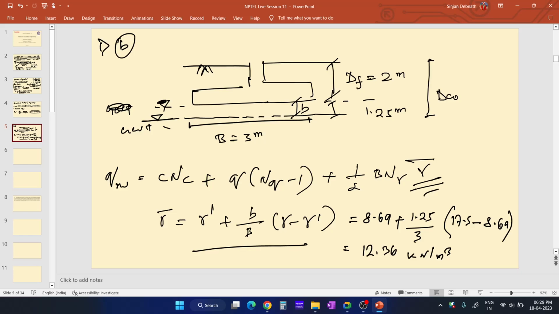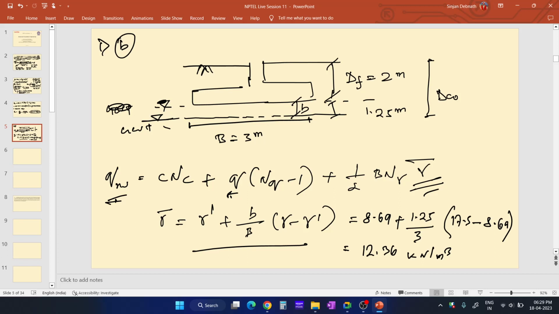Now if we subtract the surcharge q from the ultimate bearing capacity, we have already subtracted it, we get this equation, that is the net ultimate bearing capacity.